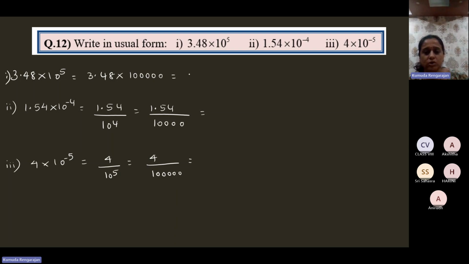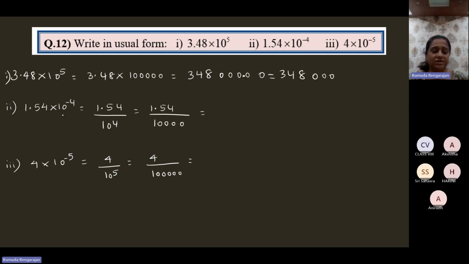Now when you multiply, what will you get? You'll get 348 followed by 1, 2, 3, 4, 5 zeros. And you'll have to place a decimal point, right? Where should I place a decimal point? Before 2 zeros. Yeah, here, correct? So the answer is 348 followed by 1, 2, 3 zeros.